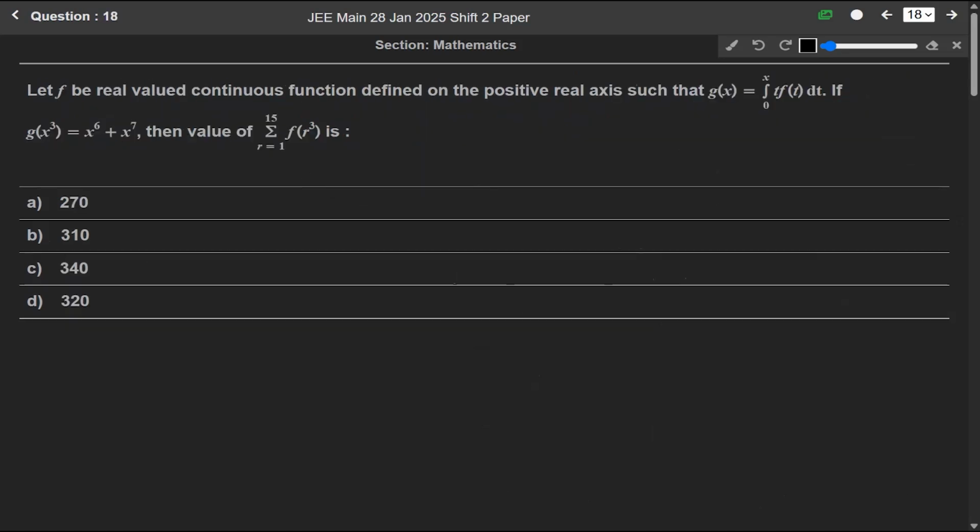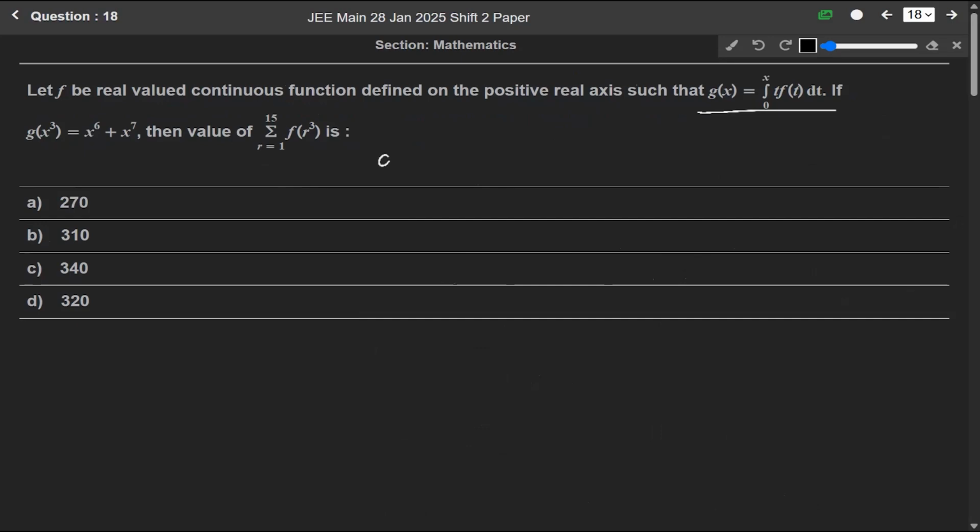Now question 18. Let f be a real valued continuous function defined on the positive real axis such that g(x) is given by the integral from 0 to x of t f(t) dt, and if g(x cube) equals x^6 plus x^7, then the value of sigma r equals 1 to 15 of f(r cube) is, okay.